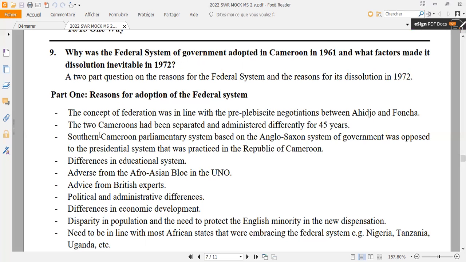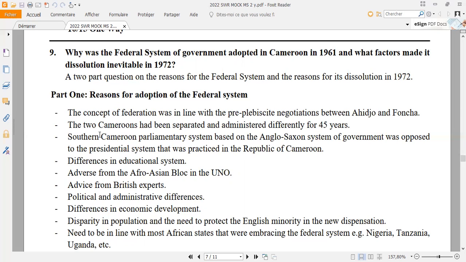Part 1, for example, reasons for the adoption of the federal system. You have the concept of federation was in line with the pre-plebiscite negotiation between Ahidjo and Foncha. You had the two Cameroons had been separated and administered differently for 45 years. Southern Cameroon parliamentary system based on the Anglo-Saxon system of government was opposed to the presidential system that was practiced in the Republic of Cameroon.